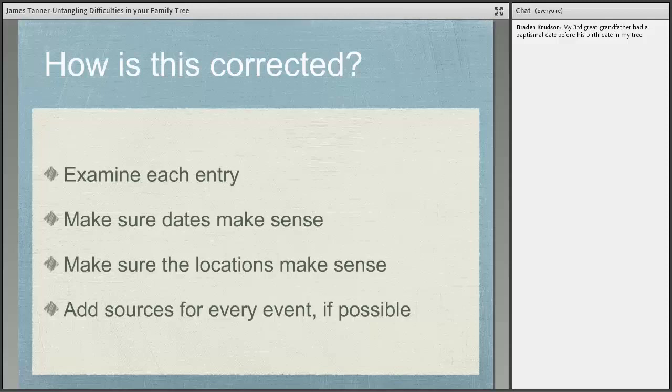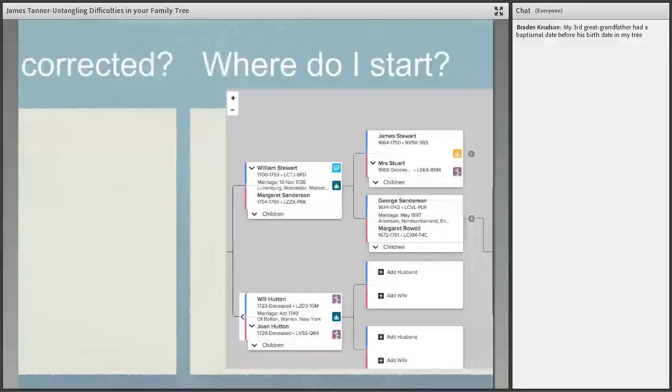But if you do supply me with a source that I can go to and look at, if I can go look at a record that then substantiates what you've said is the date, then I'm more likely to believe it. And adding the sources is one of the basic functions that helps the FamilySearch family tree from changing constantly, which, by the way, is one of the biggest complaints.